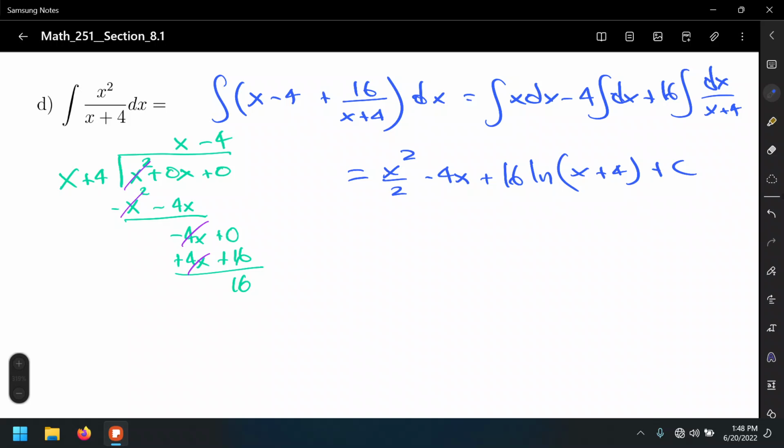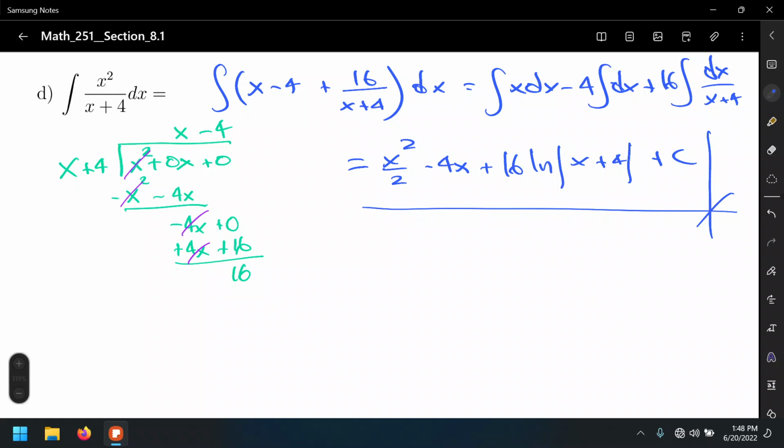What's the mistake I did here? Absolute value, right? Is x plus 4 always positive? No, right? So in this case, we need the correct notation for this one. We need absolute value bars, all right? And that's going to nail it for letter D.